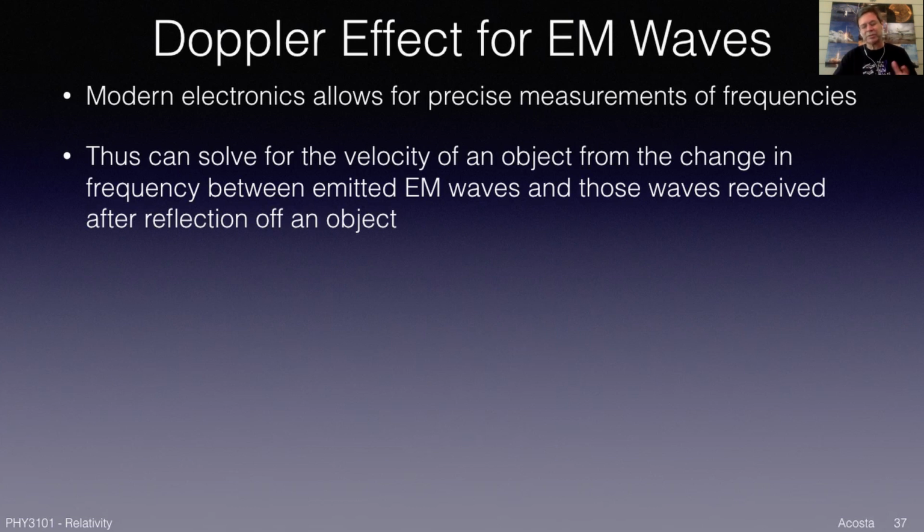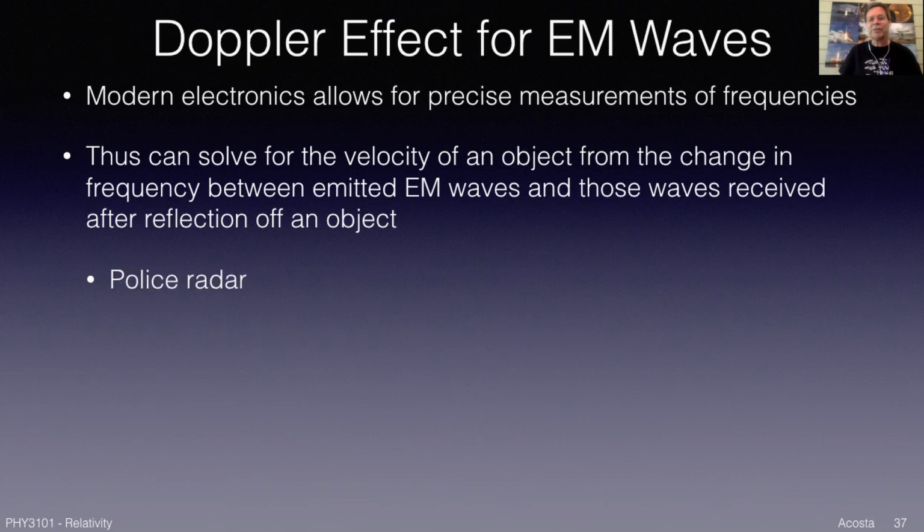Or maybe it's just an object emitting them. So if we know what the natural frequency is, say of a radio transmitter, and then that transmitter is either coming toward us or away from us, and the frequency we measure is different, from that difference in frequency, we can solve for the velocity.